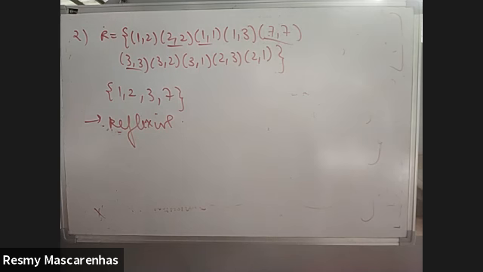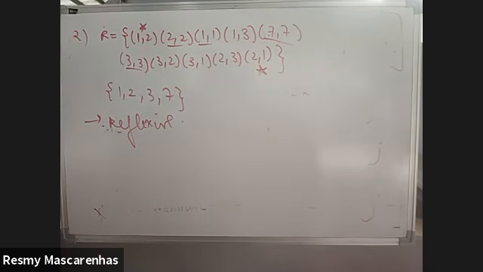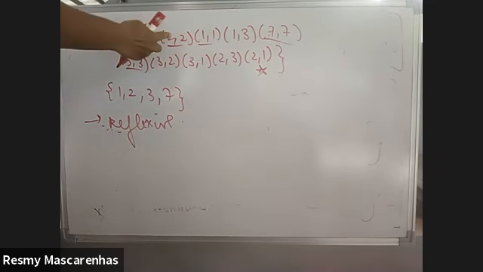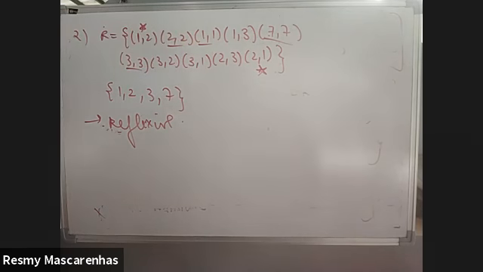Then check for symmetry. 1 comma 2, and 2 comma 1 is there. Its reverse is here. Then 2 comma 2, even if you check it for reflexive, is 2 comma 2 only, with itself, so don't worry.